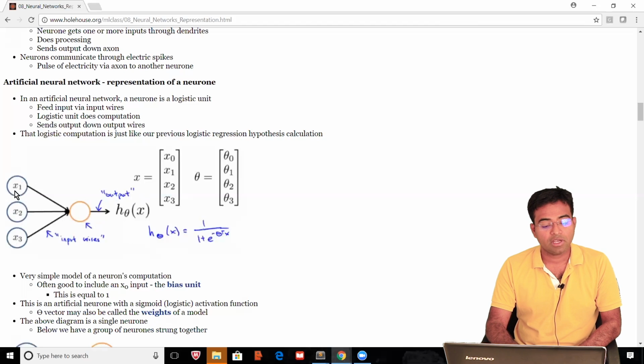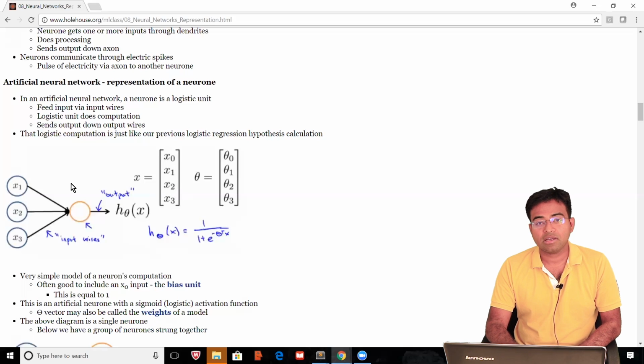So you have these features coming in from here, this is the processing unit, and this is the axon, the output of it. Let's now try to understand how it is represented mathematically. This is the vector for features, as you can see here. X0, which is not shown in this figure, is typically your bias.